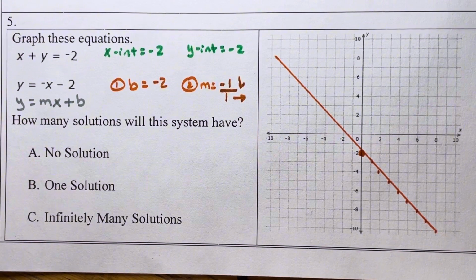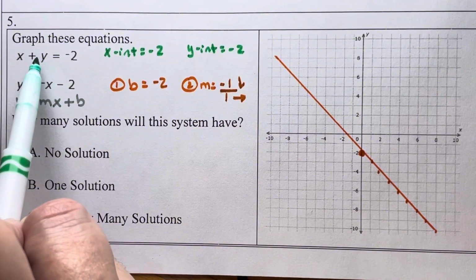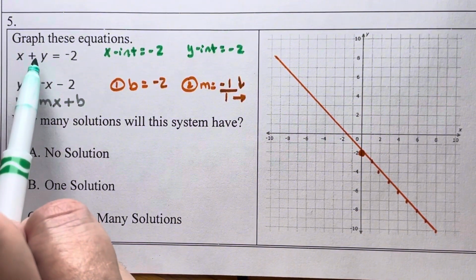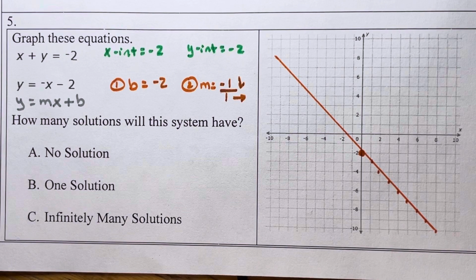The reason we could use the x and the y-intercept is there were no coefficients on the x or the y. So it was very quick, very easy to do.